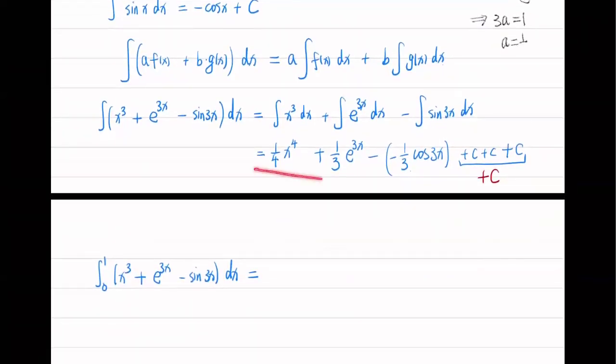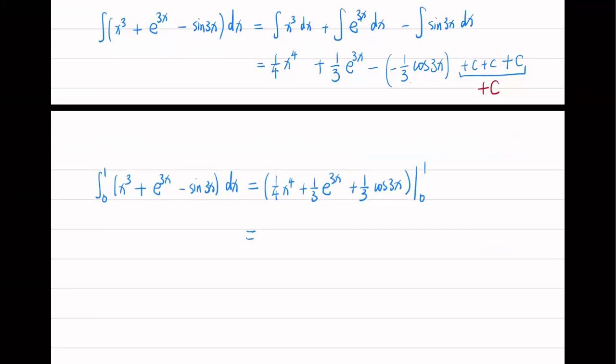So we can copy this function, then find the difference at 0 and 1. At 1 we have 1/4 plus 1/3 e to the 3 minus 1/3 cosine 3, minus at 0: 0 plus 1/3 and 1/3.